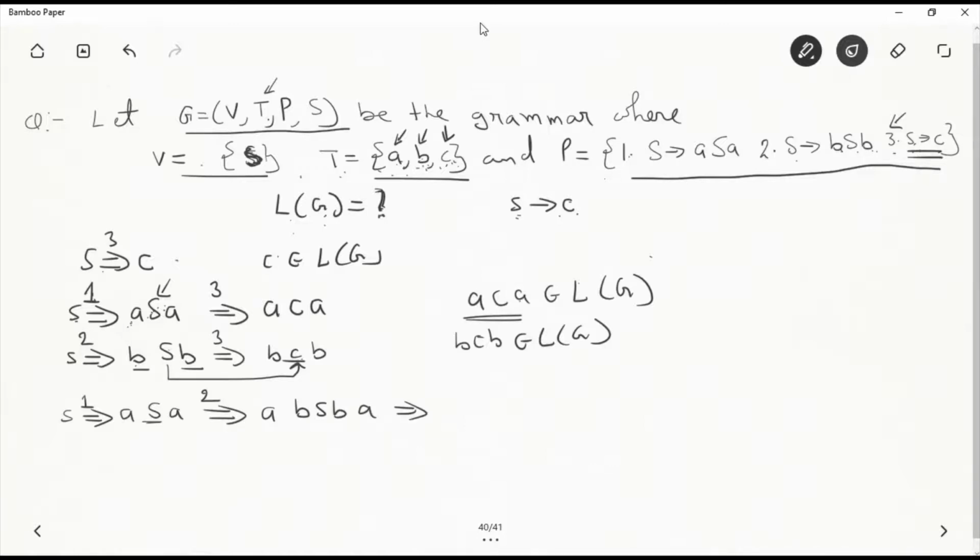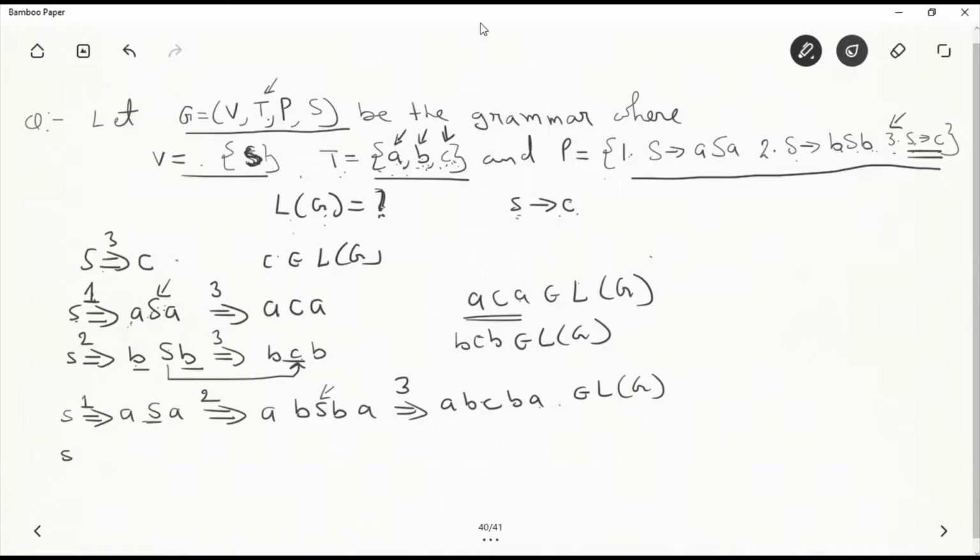Again, this is not a string because non-terminal S is appearing here, so we have to use the third production rule: ABCBA. Now we can interchange. So ABCBA belongs to the language generated by the grammar G.